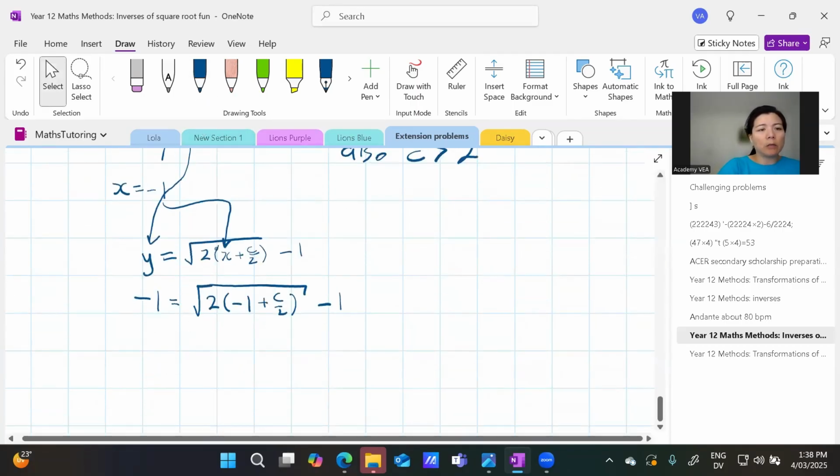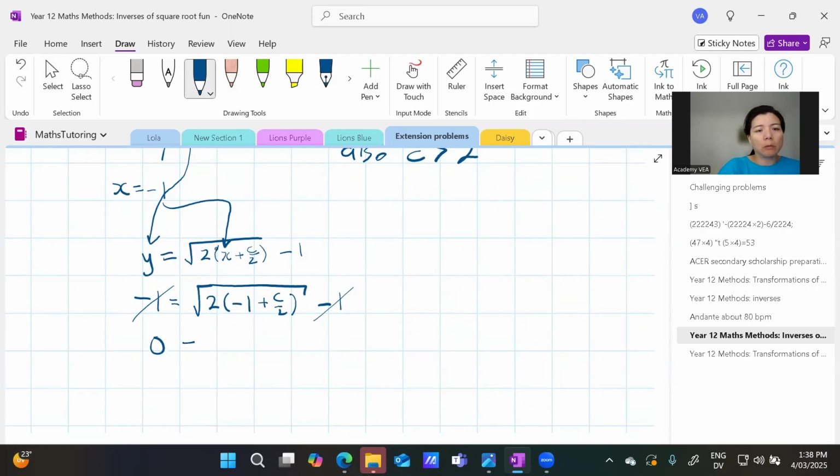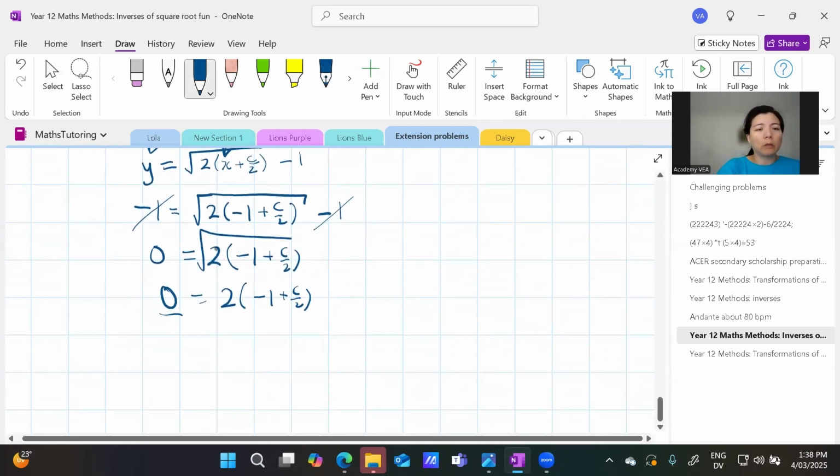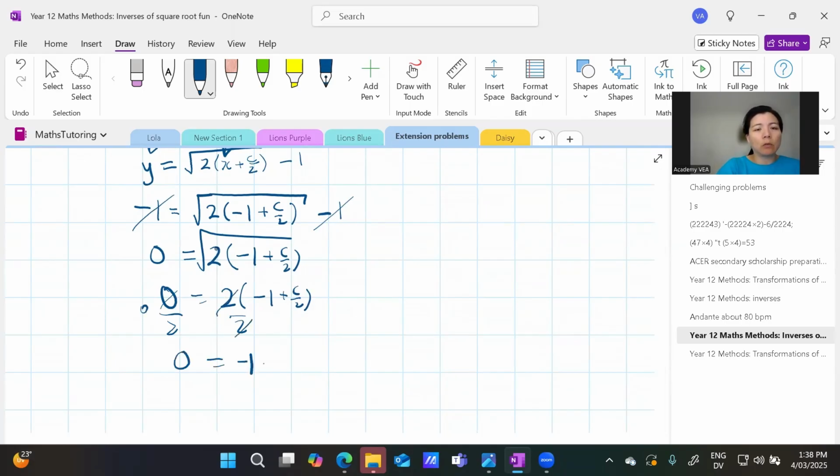Now, -1 equals -1, so they equal 0. You square both sides, you still get a 0. And so then if you divide everything by 2, that gives you 0 equals -1 plus c on 2, and you get 1 equals c on 2.